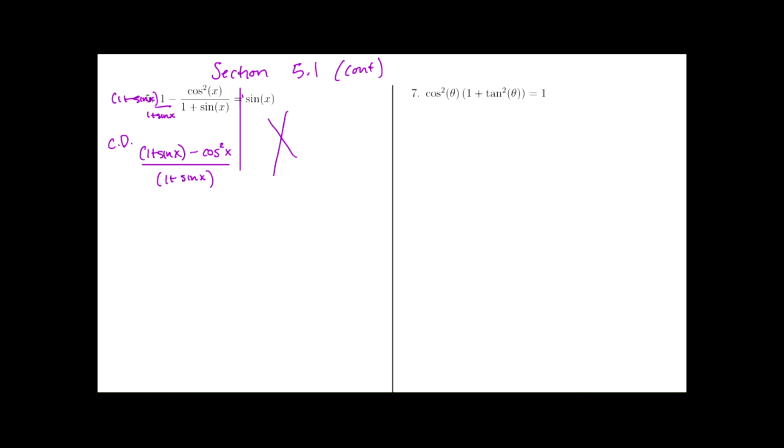Okay, and then the next thing that I would do is, because where I'm headed involves only sine, I'm going to change cosine squared x to 1 minus sine squared x.